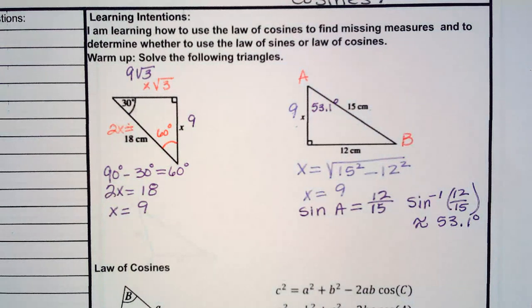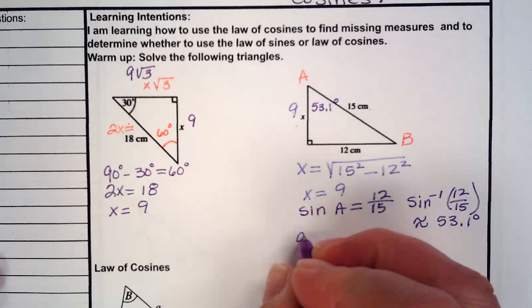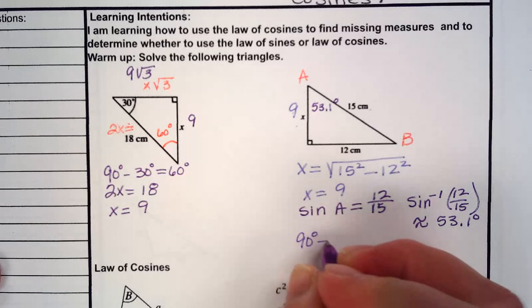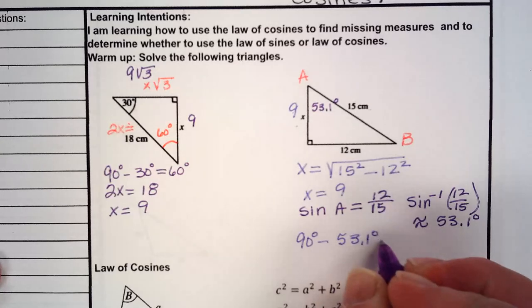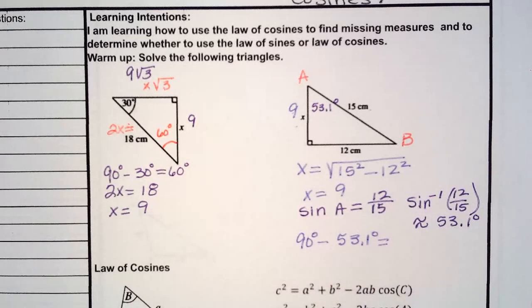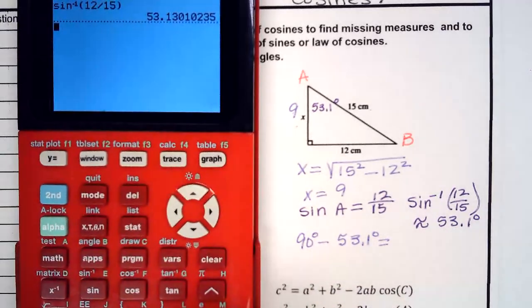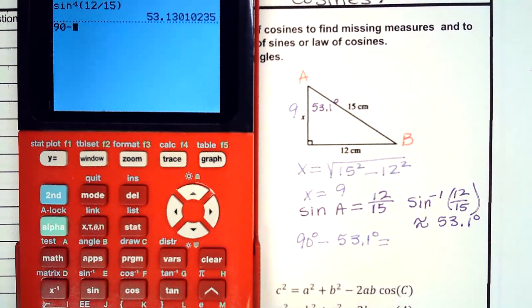Now, for angle B, I could do the same process again, or it might be quicker and easier just to say 90 degrees minus 53.1 degrees equals 36.9 degrees.